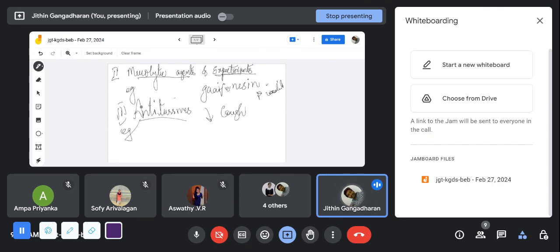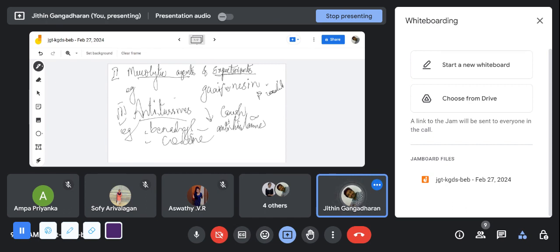What are the examples? Benadryl cough syrup, right? Benadryl is an antihistamine antitussive. Then codeine, an opioid which suppresses the cough.